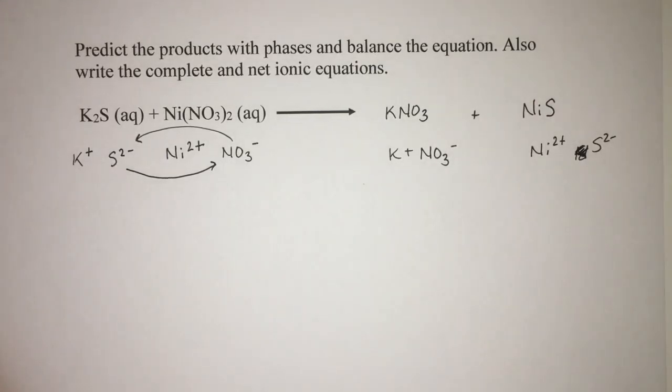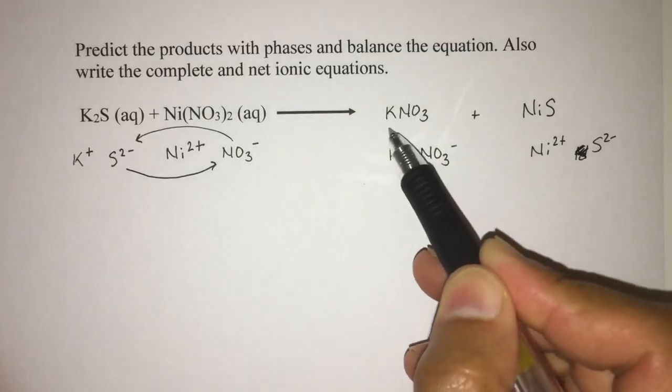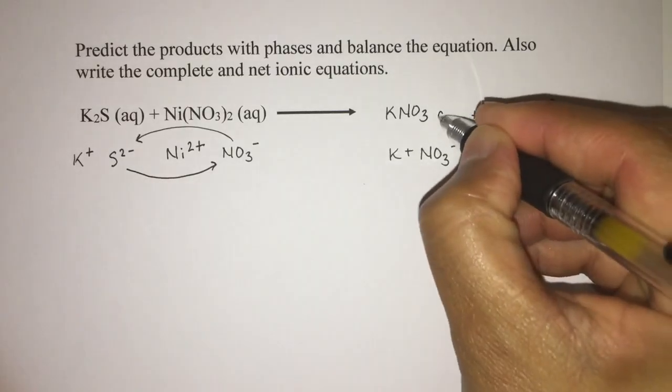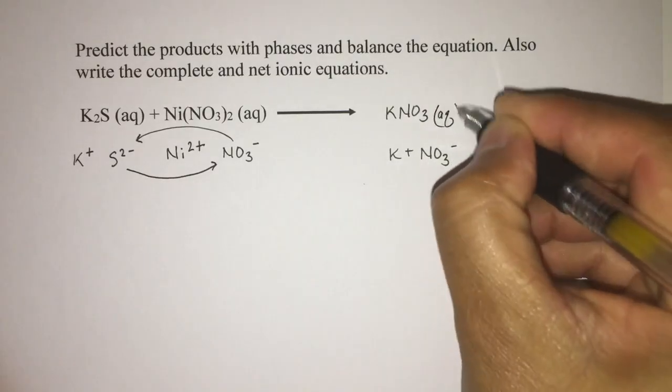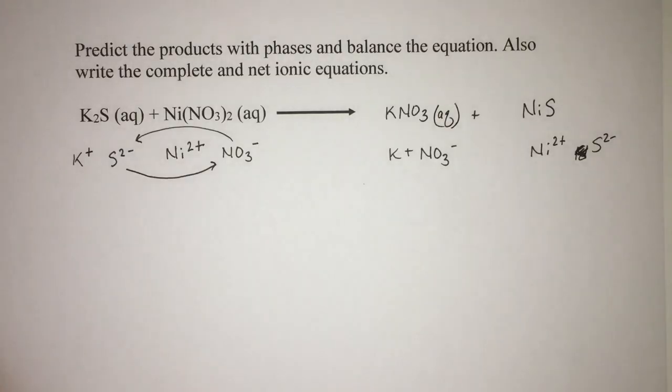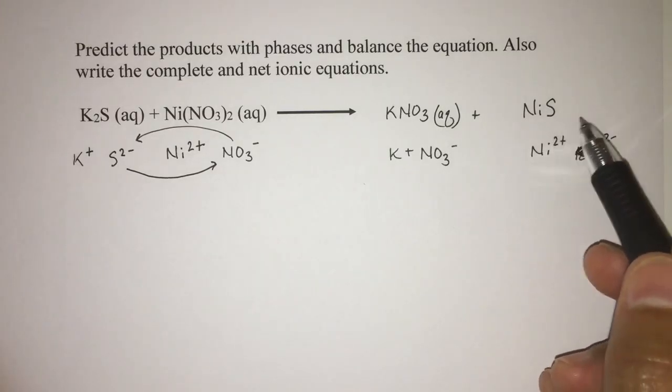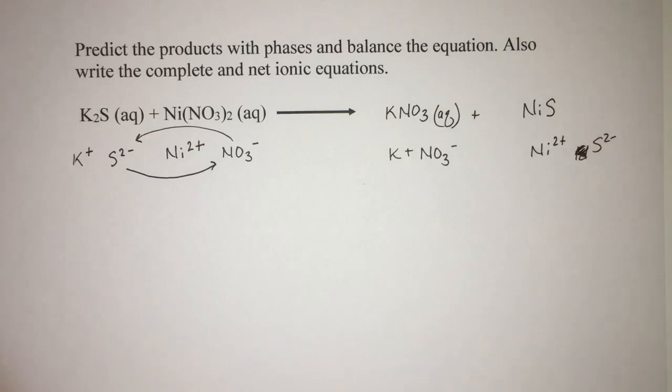Now let's write the phases. You got to go back to the solubility rules and you'll see that the potassium nitrate is soluble. Soluble means aqueous, that it dissolves in solution. The nickel sulfide, you'll notice nickel is soluble with those cations of group 1, ammonium, and a couple of other ions, but nickel is not one of those ions.